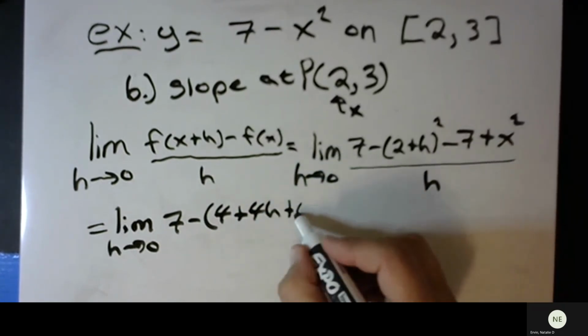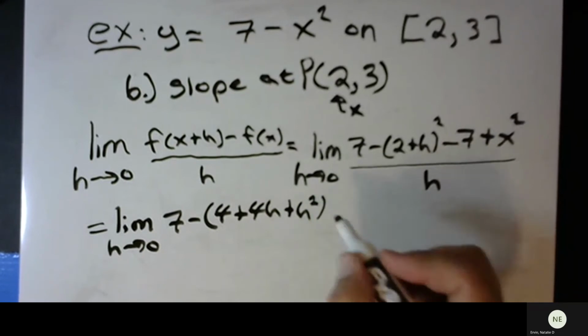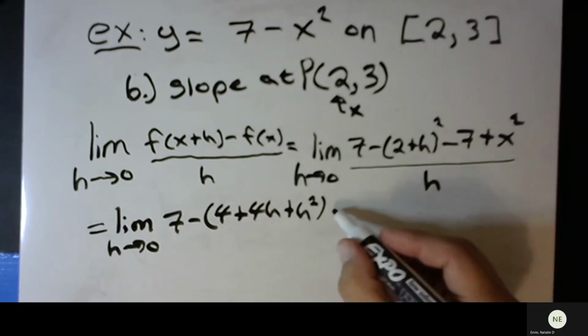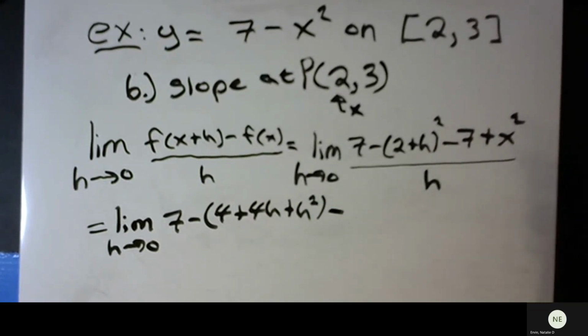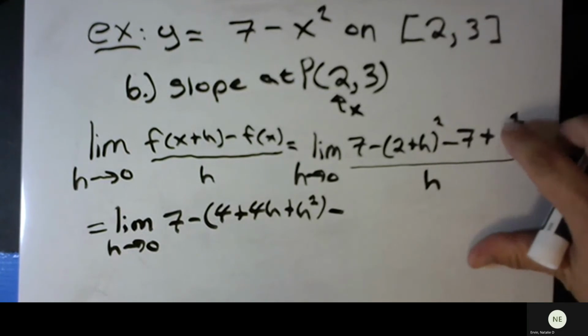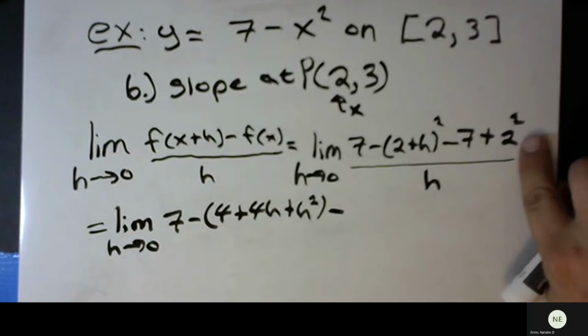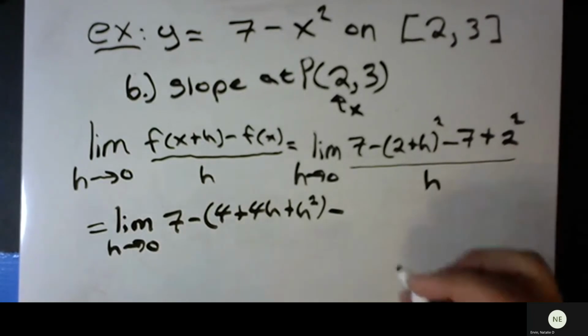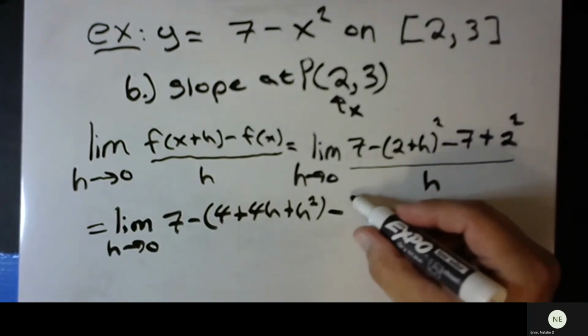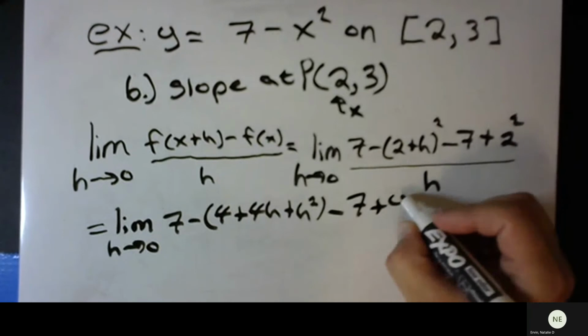Foil this. Oh, I'm sorry. Let me go back here. We know what x is. x is 2. So this is going to be a 2 squared. So we're going to get -7 plus 4.